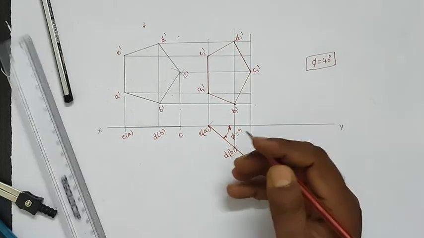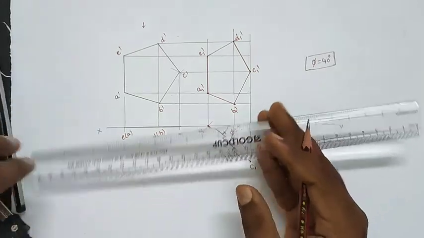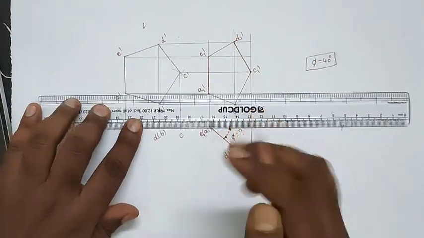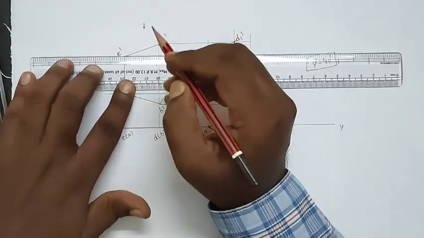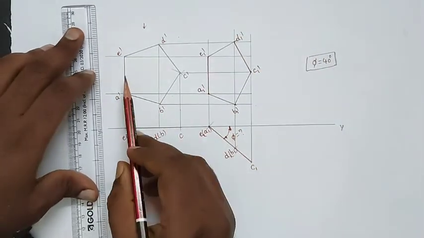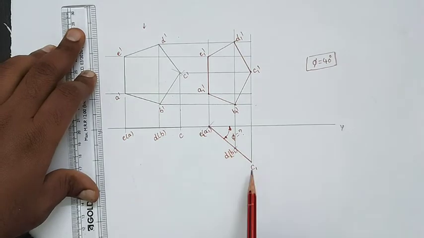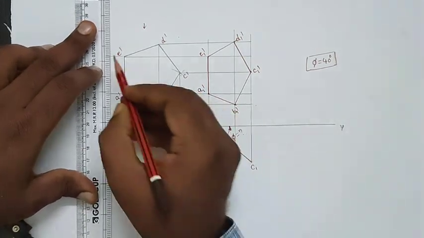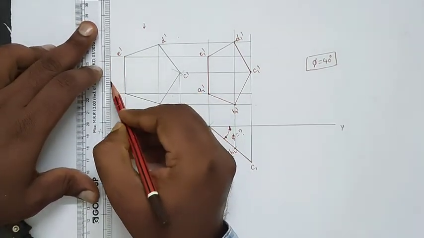So we will draw the projections like that. After drawing the projections, we'll give the dimensioning here. What are the dimensions they are giving in our problem? They are giving the side of the pentagon and also the corner opposite to this edge. Point C is 30 mm in front of the VP. So you can mention that dimension also in our problem.